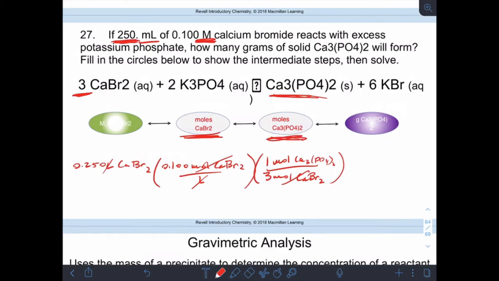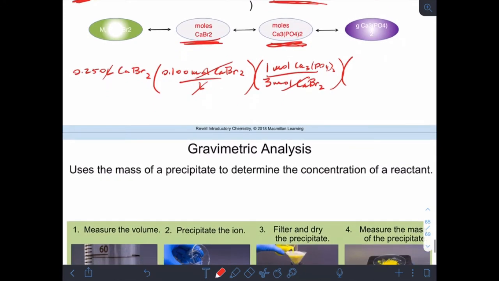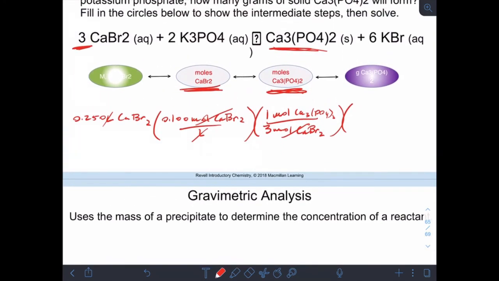Right? So the last bit is to convert calcium phosphate to grams. And it is 310.18 grams of Ca3(PO4)2, running out of room, per mole, right?